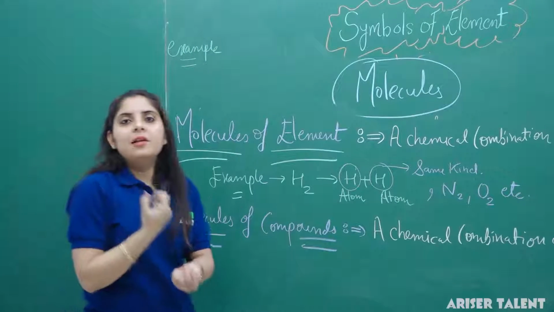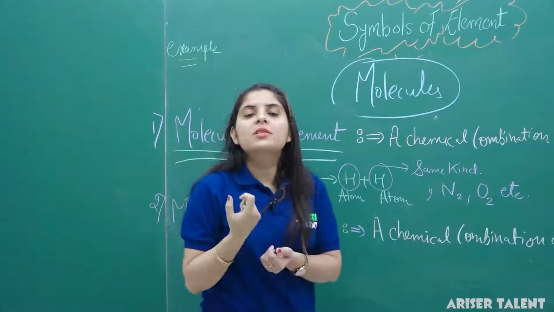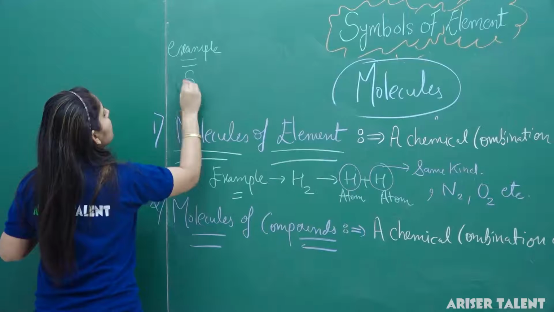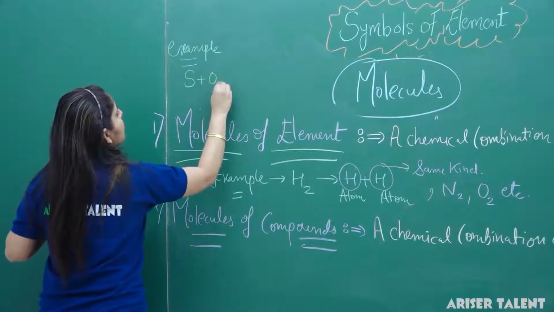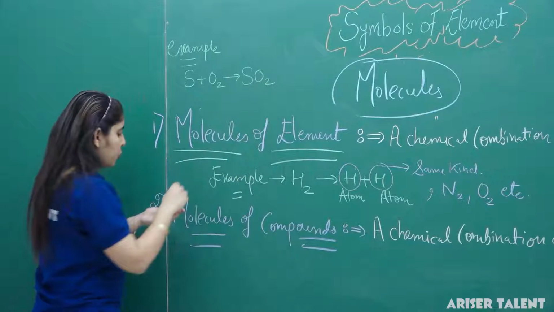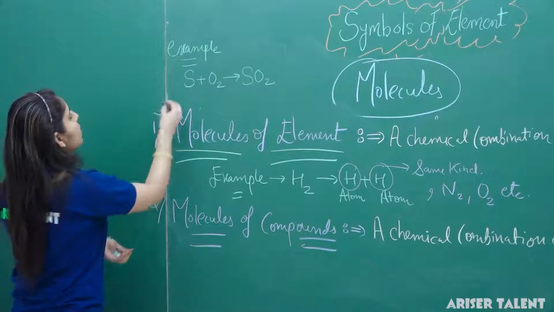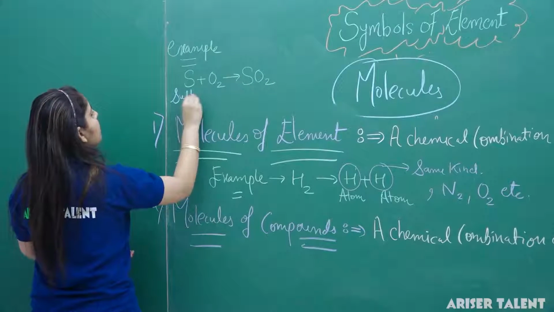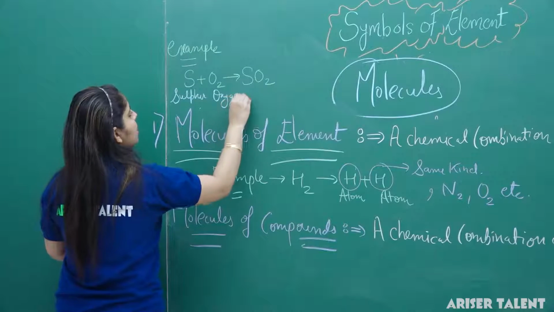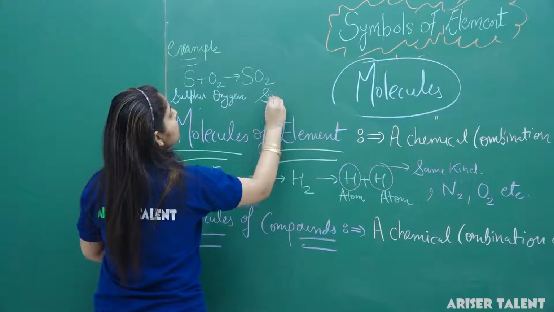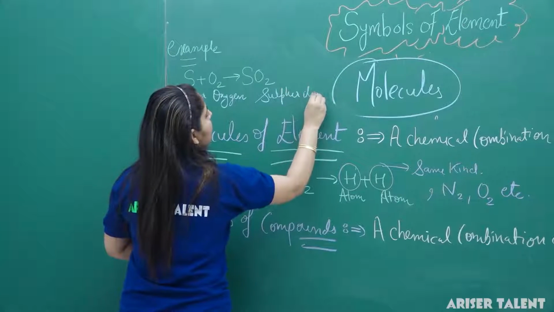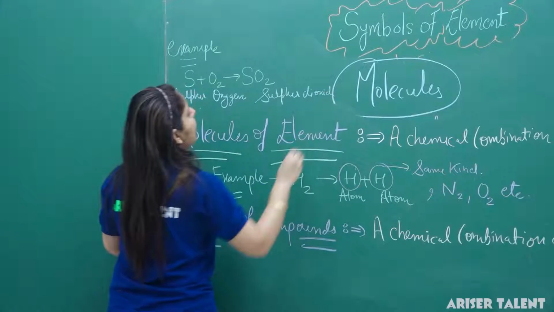Suppose sulfur is burned in the presence of oxygen. What we are going to get here is SO2. Here we have sulfur, here we have oxygen, and what we are getting here is sulfur dioxide.